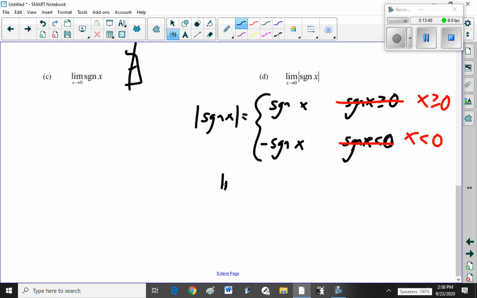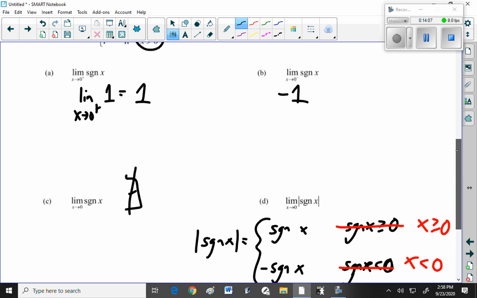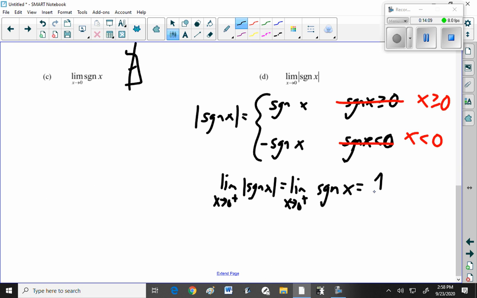So the limit as x approaches 0 from the right of absolute sign x would be equal to the limit as x approaches 0 to the right of, well, x is greater than or equal to 0, so this is just sign x. So this is the same answer as we got for part A, which is 1.